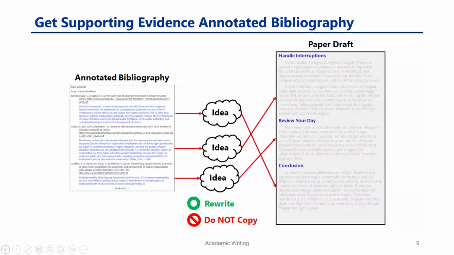Not only do you follow the outline, but remember you wrote an annotated bibliography? That's where you get a lot of the supporting evidence to use in your paper. But what's important is the annotations should give you ideas for how to write your paper. You should not just copy the annotations and paste them into the paper, because things have changed a lot between when you took the notes for the annotated bibliography and wrote your paper, and they may not be quite applicable anymore.